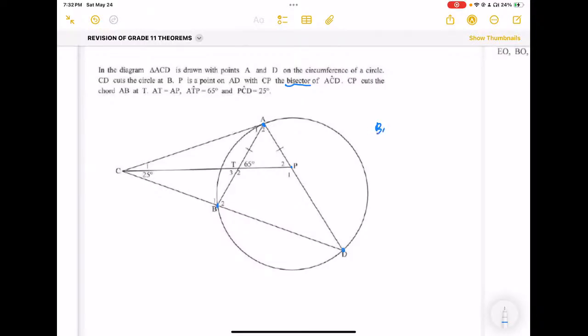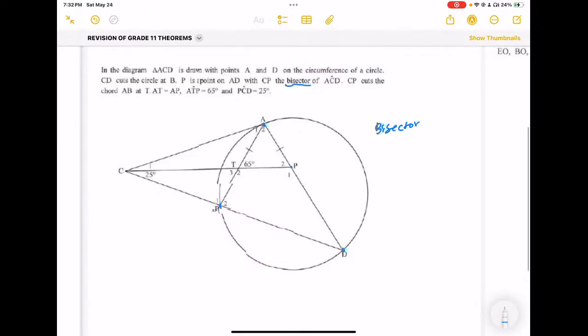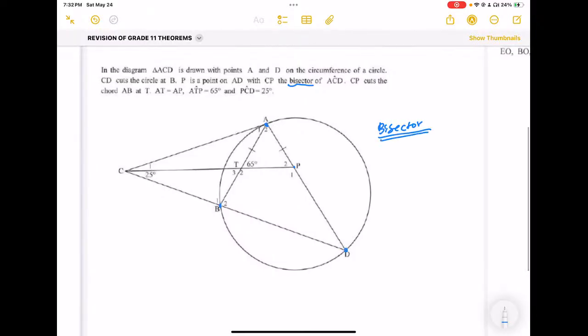So because of the word bisector, we know that PCB or PCD, PCB is equal to C1, alright? Therefore, we know that C1 will be 25 degrees, because of the word bisector, right?